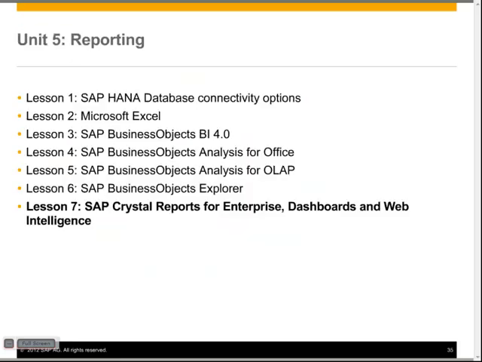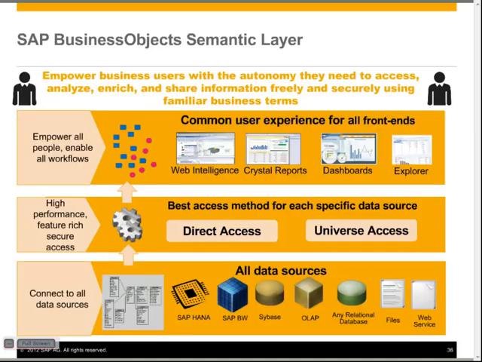So what about the remaining client tools in the lineup? Well, these are actually probably the most core Business Objects tools, especially Web Intelligence. So that's what we have left in this unit. Let's see what these client tools can take advantage of.